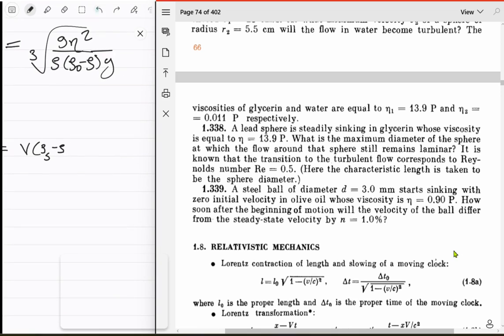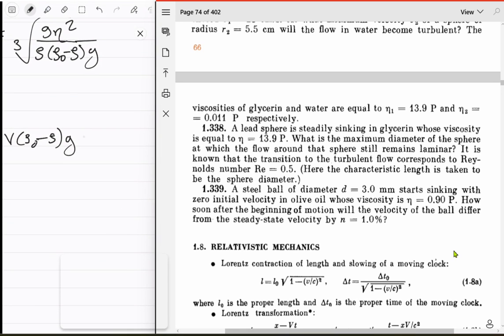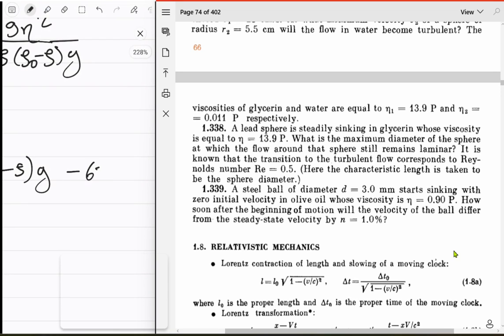You know what? Just use rho naught for the density of steel, just like we did last time. So rho naught minus rho times g. That's gravity, and plus, sorry, minus, because it will actually pull it up, right? Yeah. So minus 6 pi r eta times the velocity.